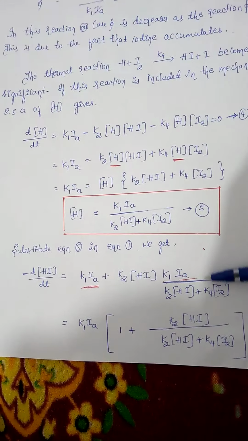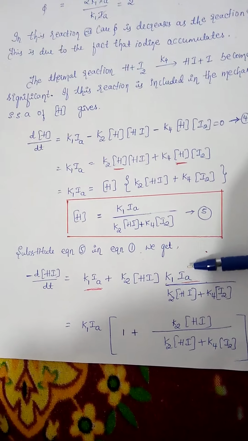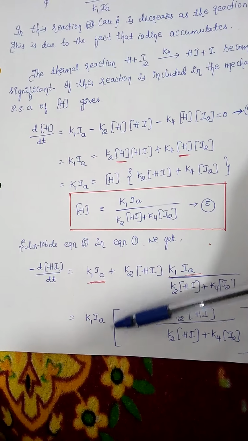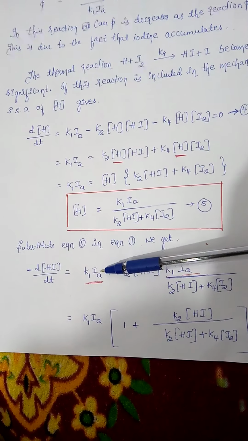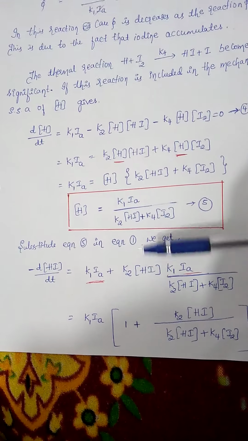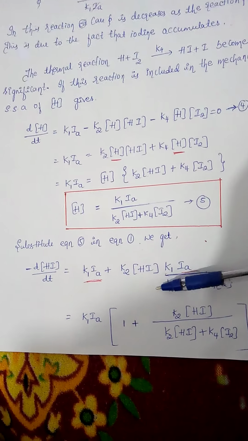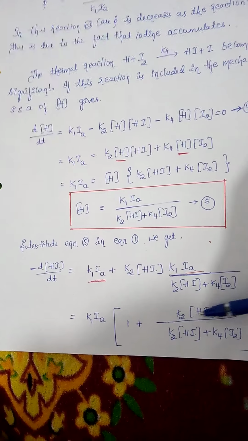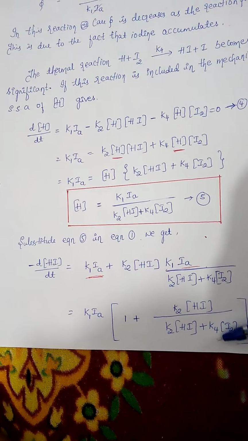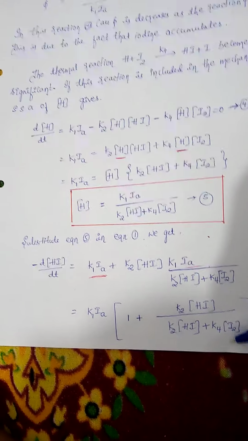If you observe this equation, here K1Ia is a common factor. So taking K1Ia outside, it becomes 1 plus K2 [HI] divided by the denominator as it is, that is K2 [HI] plus K4 [I2].